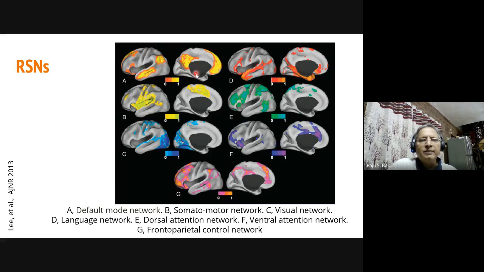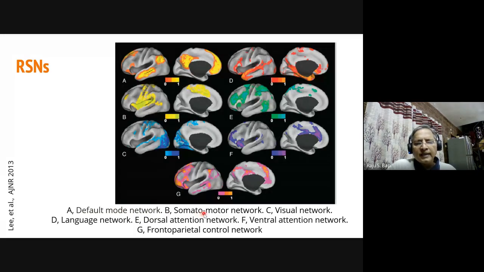These are the major players that are active together, and this sort of network, this sort of regional cooperation and working together, is seen whenever there is no task. When the brain is not engaged in any task, this default mode network lights up. Sometimes this is also called the task negative network.